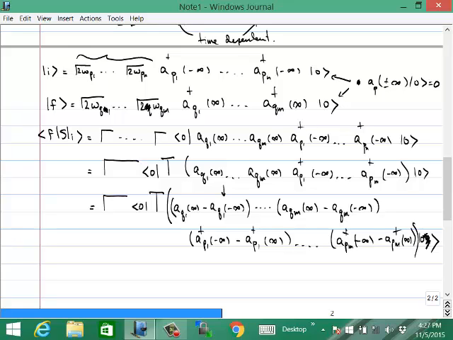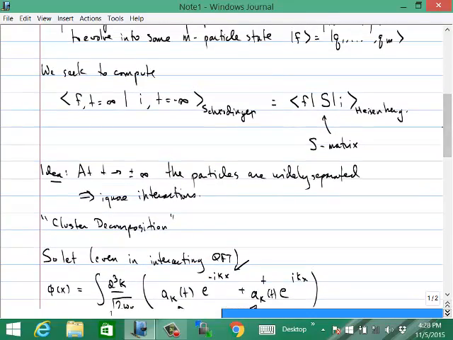What's happened to this S matrix? The S matrix is really just the symbol that we use to denote the amplitude for some initial state to evolve into some final state. Remember that in the Schrodinger picture, this S matrix is just the statement that you define some initial state at time t equals minus infinity and evolve it to some future state at time t equals plus infinity.